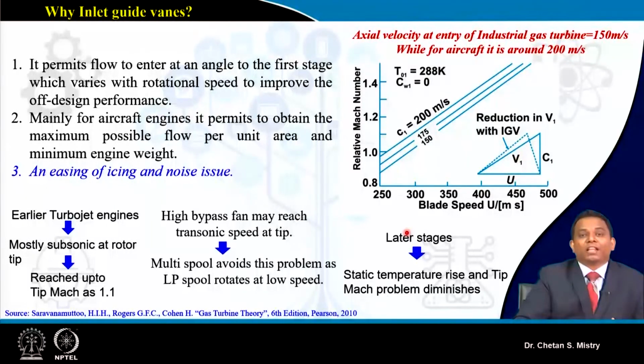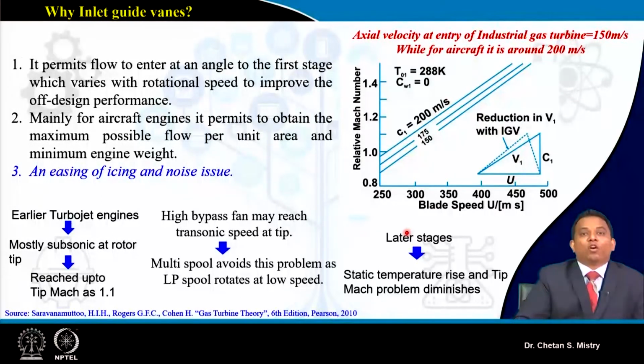Now in the last lecture I was showing you the blades for the HP compressor, and I was saying those blades are of the subsonic kind. What is the reason? When I go from the LP spool to the HP spool, I am increasing my pressure ratio.